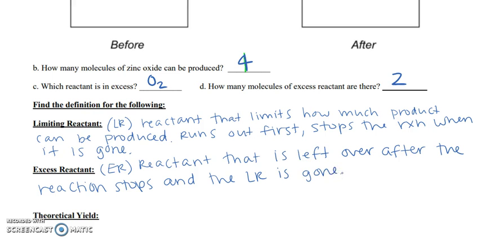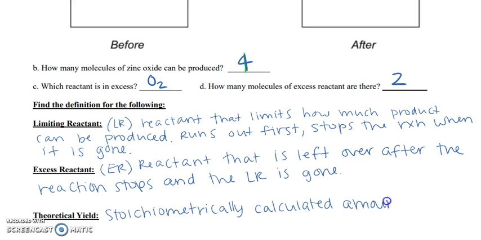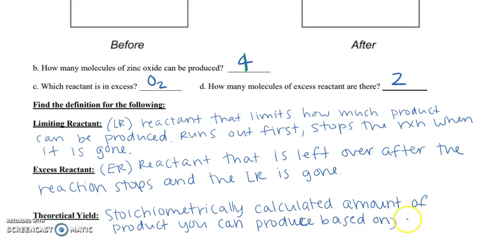And your last term is theoretical yield, and that is the stoichiometrically calculated amount of product you can produce based on your limiting reactant.